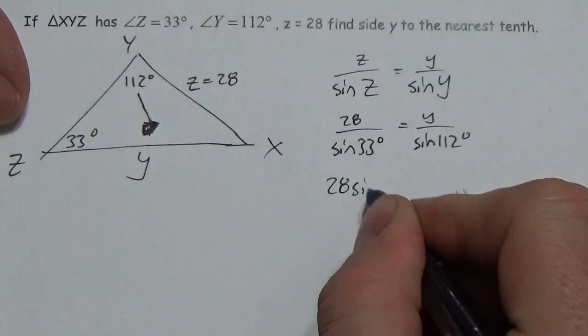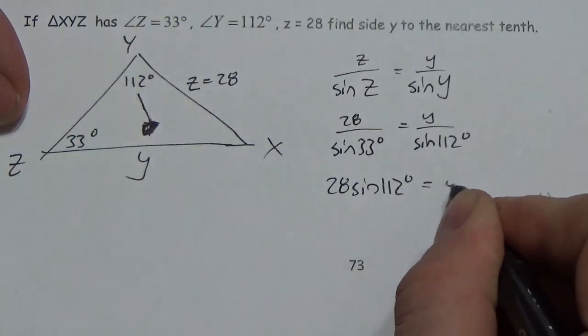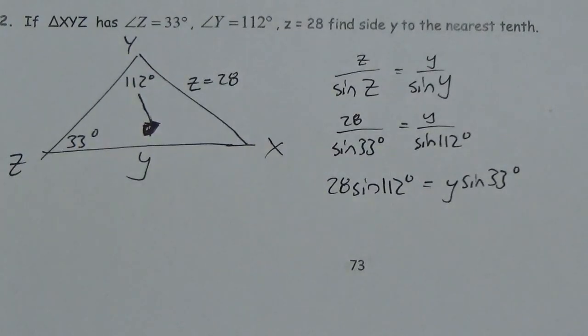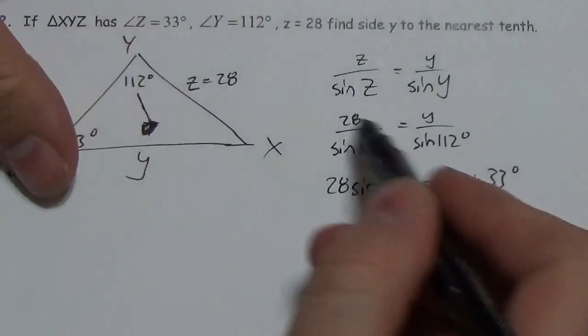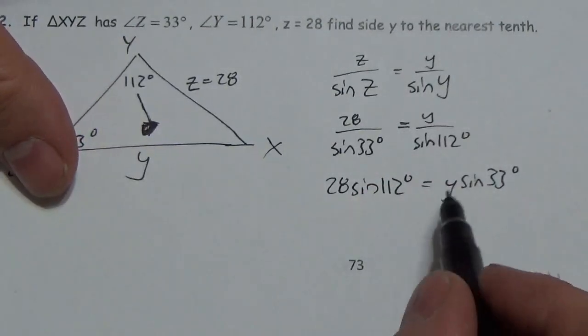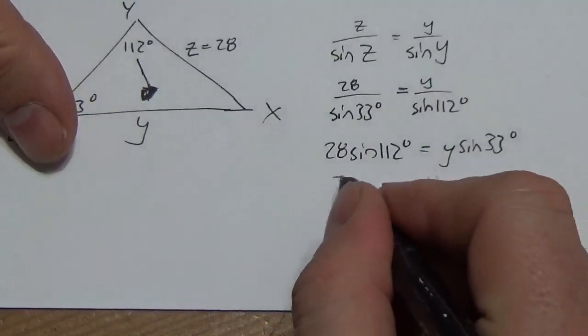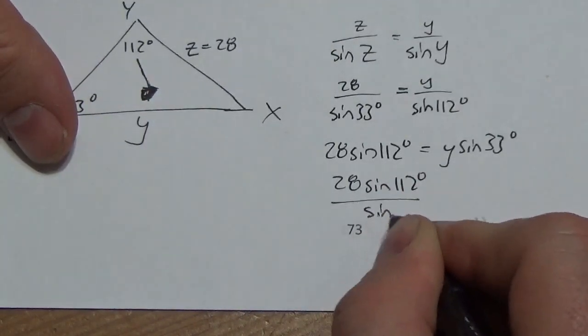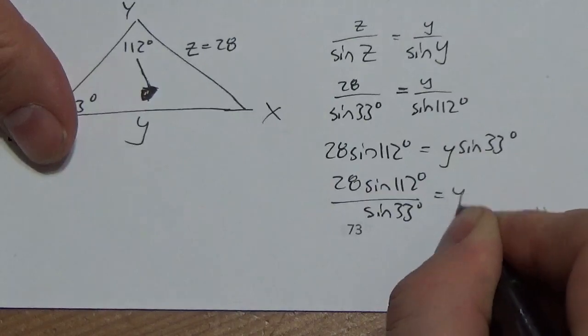I know that some people cringe when I say that. I just want to make sure that I'm acknowledging that. But anyway, that's effectively what's going on here, and you can do that over an equal sign. And then you divide to get the variable here. So it'll be 28 sine of 112 degrees divided by the sine of 33 degrees, and that's going to equal y.